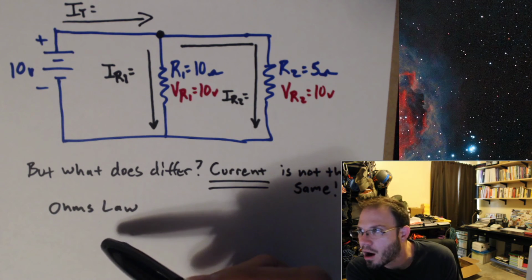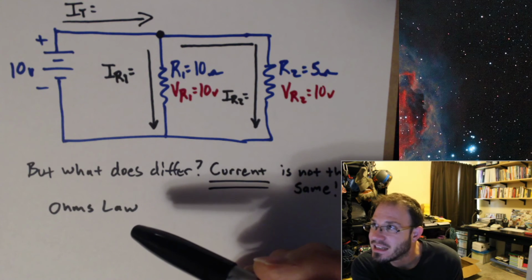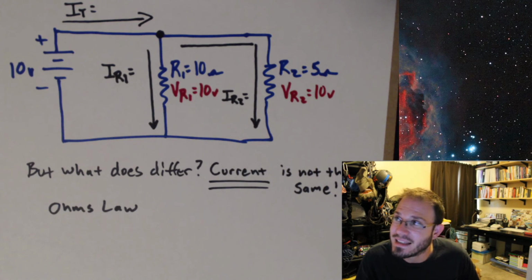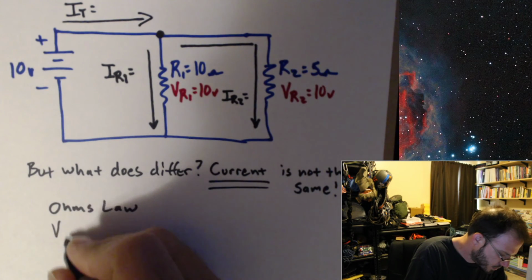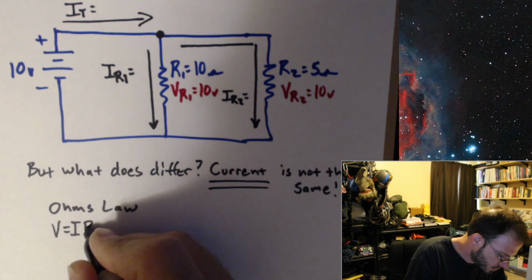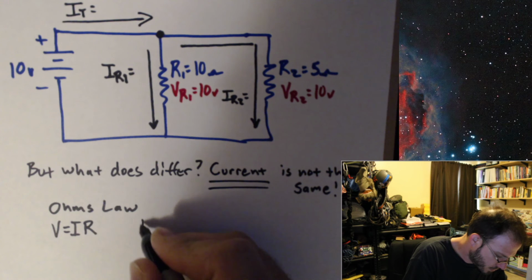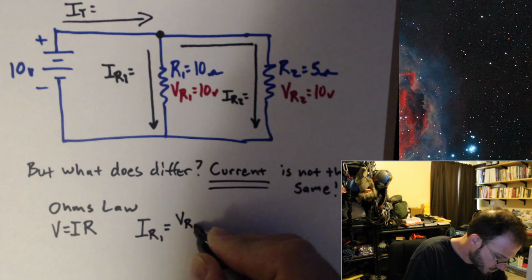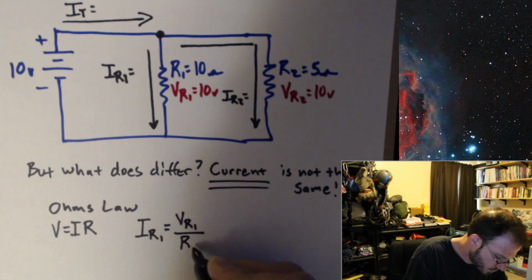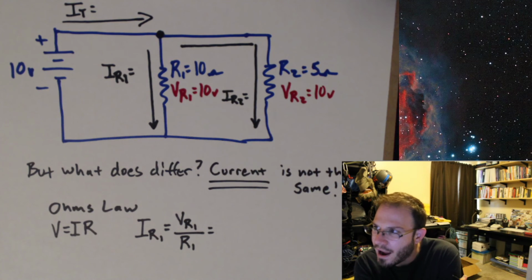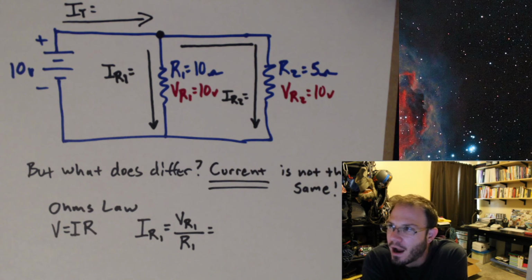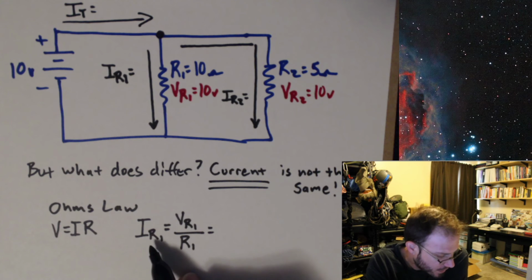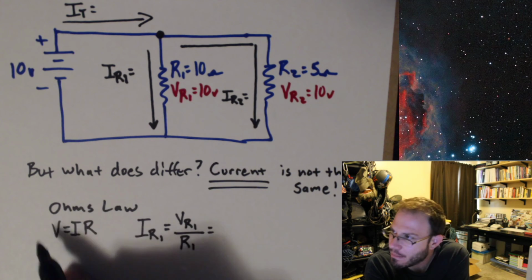Now, V equals IR. So I can say V divided by R gives me current. So let's set it up that way. IR1 is equal to VR1 divided by R1. So I is equal to V over R. It's the same thing as this equation.